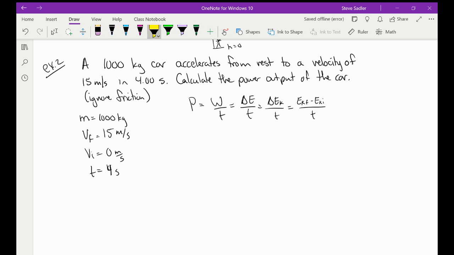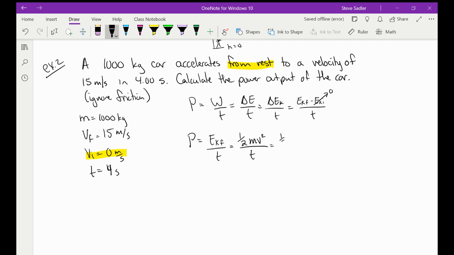This car starts from rest, so that means VI is 0. If VI is 0, that means the kinetic energy initial is 0, so that cancels out to be 0. And we're left with power is equal to kinetic energy final over time. And we know that that is 1/2 mv squared over time.